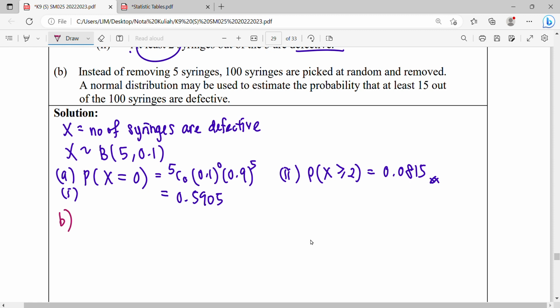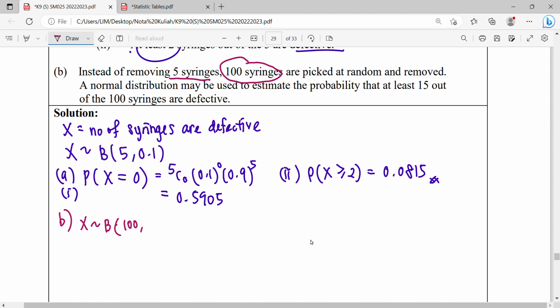Okay, so look at question B. Instead of 5 syringes, you can see originally our sample is 5 syringes. Now they replace it with 100 syringes that are picked randomly and removed. So our sample has changed, but we are still talking about the syringes. So X is distributed binomial, the number of samples is 100.